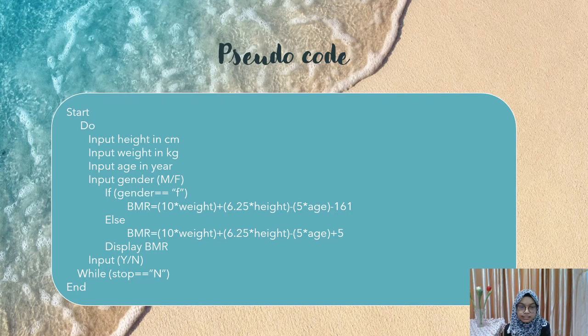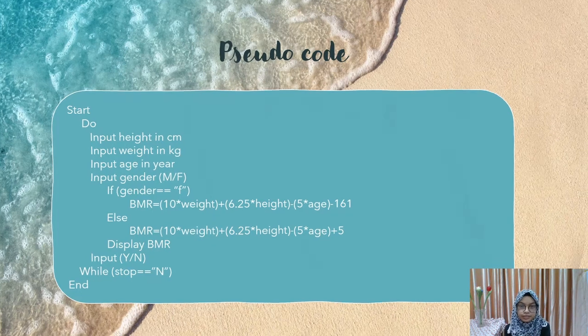If gender is F, use the female BMR formula, and if gender is M, use the male BMR formula, and input Y or N to stop the process.